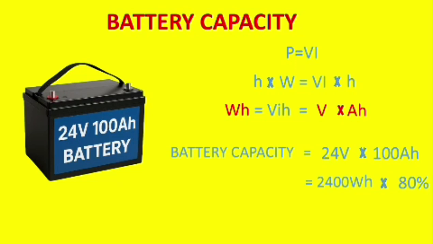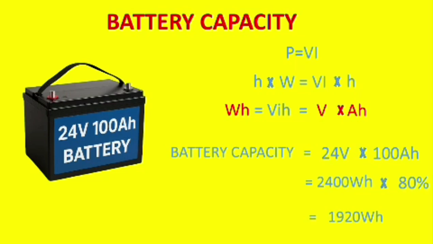So our actual usable capacity of this battery is 2.4 kilowatt hours into 80%, which means 1.9 kilowatt hours. It is the capacity of this battery. I think you have understood how to calculate the battery capacity, and if you have any doubts, please ask them in the comment section.